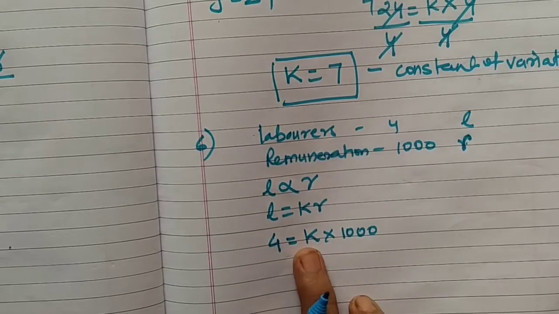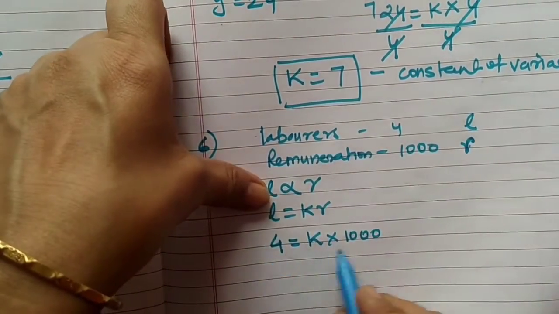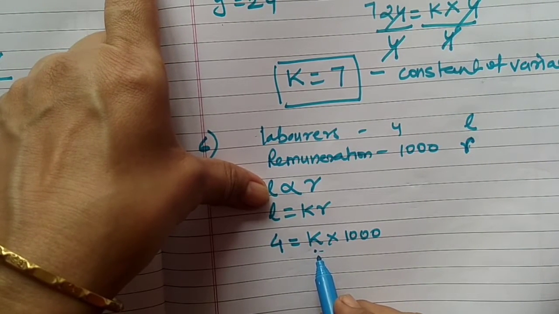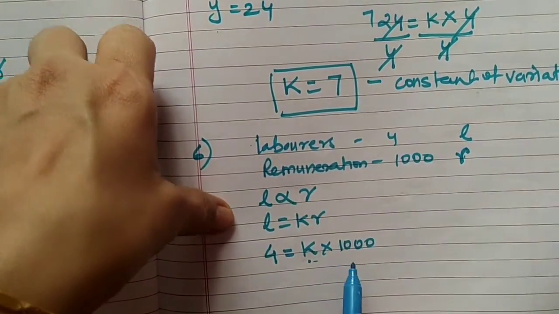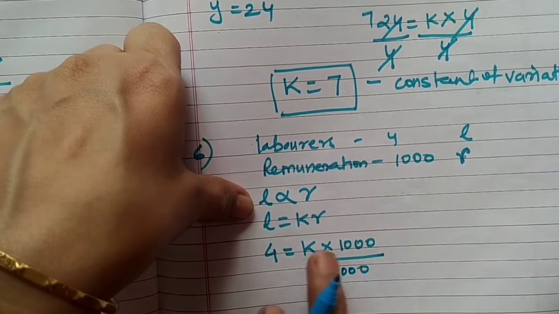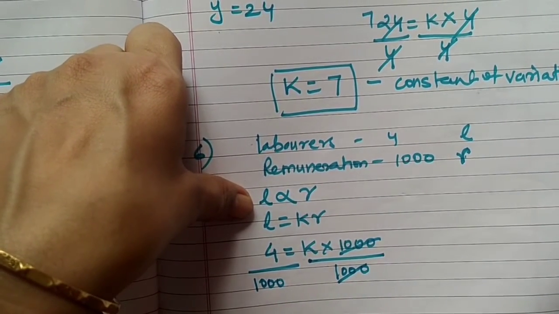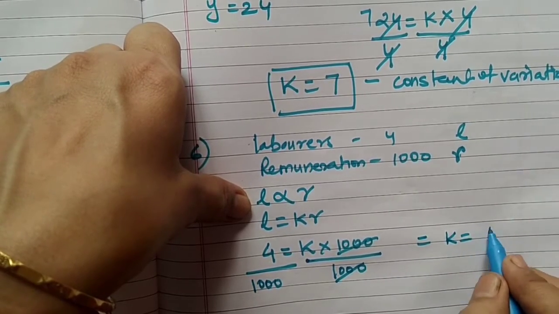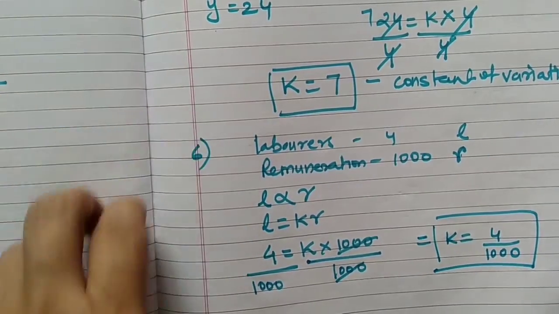So we will divide by 1000 because we want to remove this 1000. Here also I am going to divide by 1000. Now here I will not do the cancellation. First I will find out the value of k. So k is equal to 4 upon 1000. I got the value of k, that is the constant.